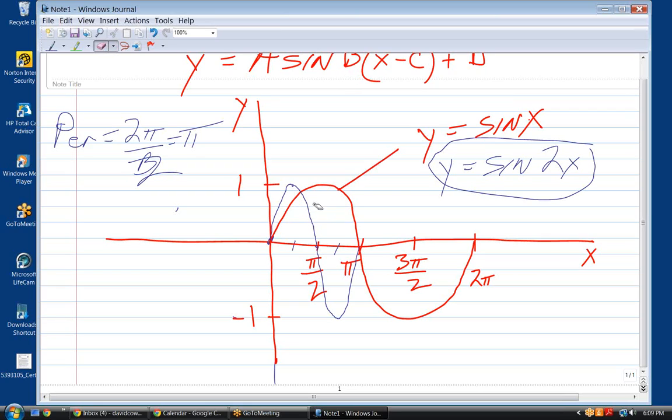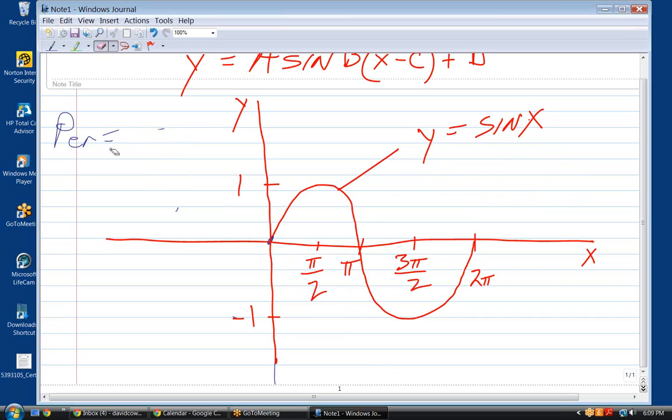Even though most people tend to think that the phase shift and the vertical shift are the hard ones, they're really not. Because if you think about it, a vertical shift just takes whatever curve you have and moves it up or down. So let's take D next.